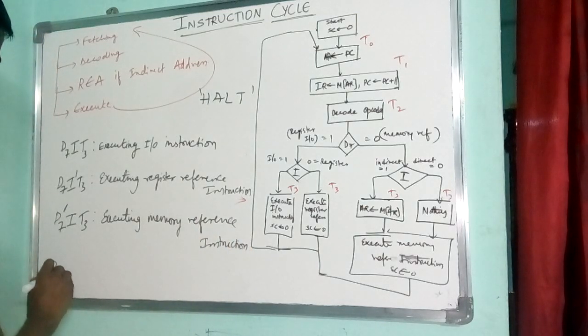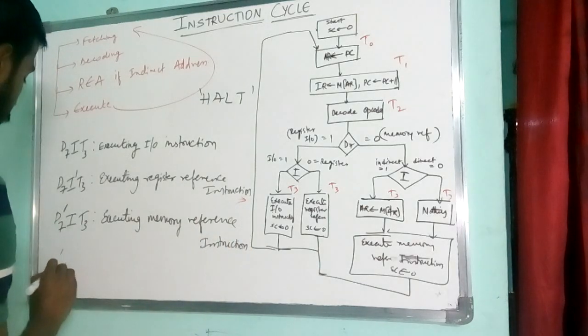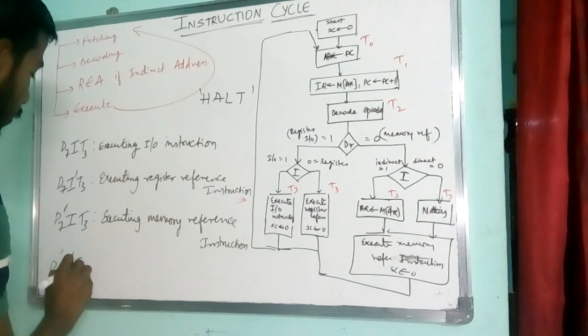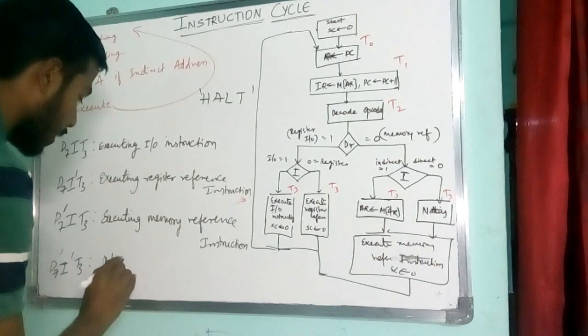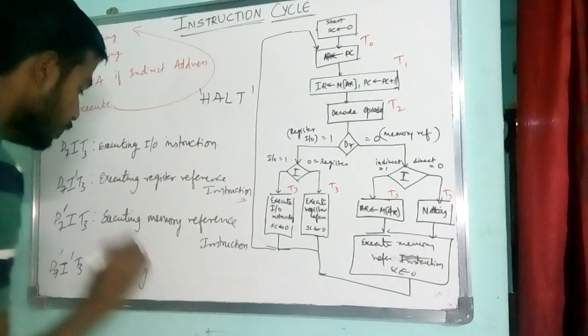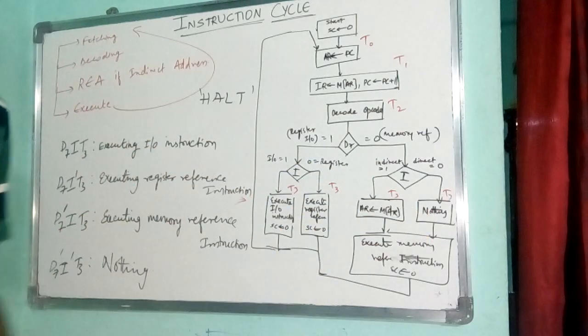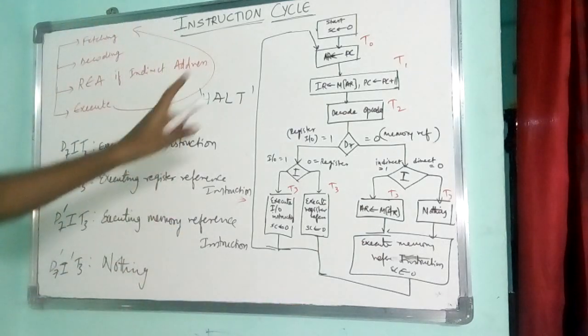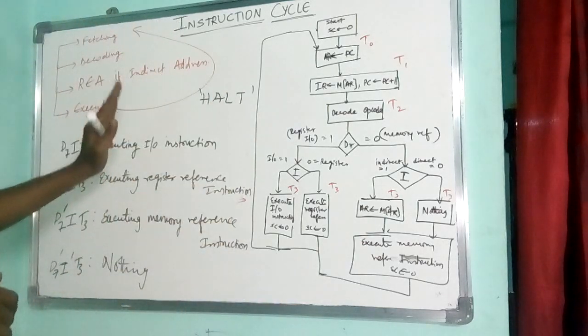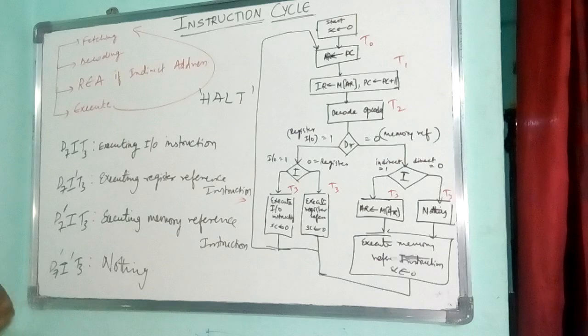Whenever my D7 is 0 and my I is also 0, at T3 I am doing nothing. The instruction is nothing. Okay? So, this is how we determine the type of instruction that is executed.